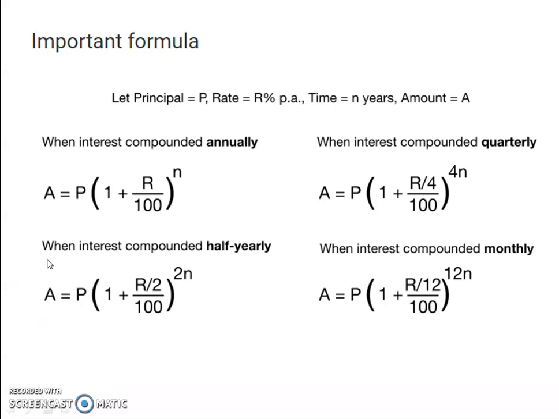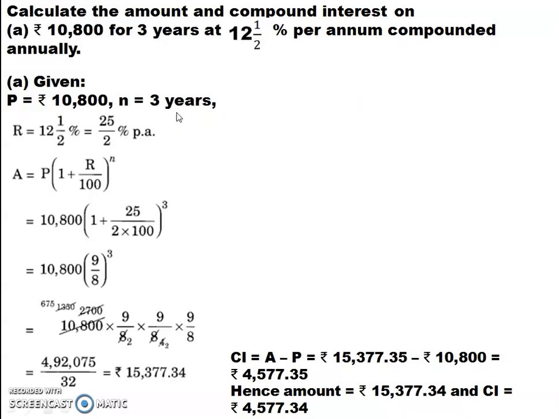So here, when interest is compounded half yearly, A is equal to P into 1 plus R by 2 by 100, the whole raised to 2n, 2 into n. So when you get a question, interest compounded half yearly, you will divide the rate by 2 and multiply the number by 2.